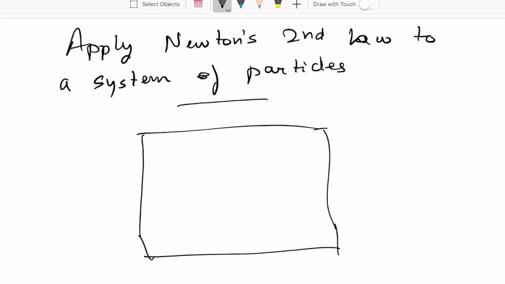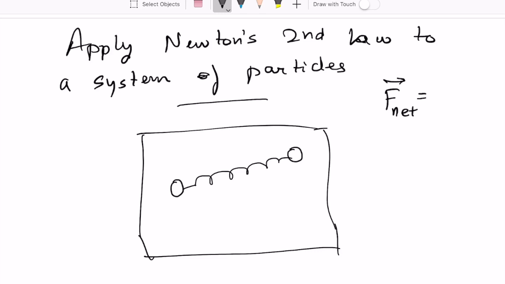So our system is the simplest it can be. It consists of two particles, and let's just say that they exert some forces on each other. Just imagine that they're connected by a very, very light invisible spring. So they do exert some forces on each other, but these forces are weak, and there are only two of them. Okay? So we are going to apply F net equals mass times acceleration.